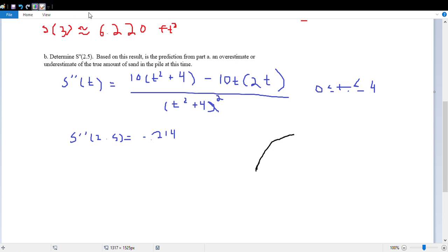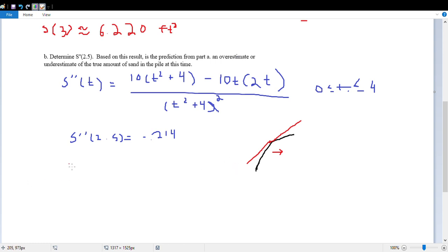So that tangent line that we found at 2.5, well, it's on the outside of the curve because the curve is concave down. So that tells me that whether we move to the right, which we did to go from time 2.5 to time 3, or we go to the left, either way, we're going to get an overestimate.